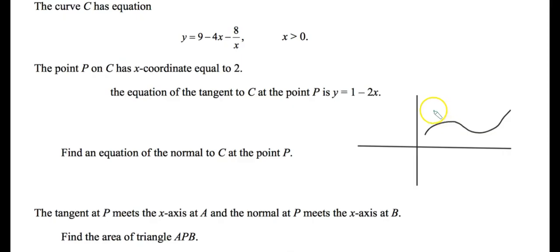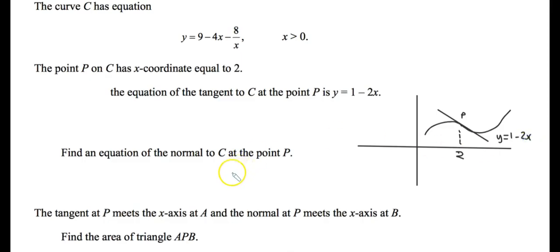So maybe it looks something like that. Here's our tangent, and let's say P has x coordinate 2, so we can put 2 in here, and here's P. And we know that this equation is y = 1 - 2x.